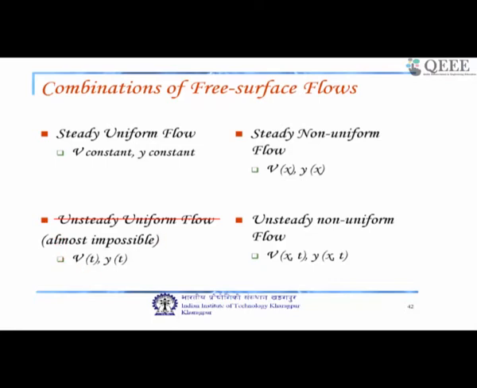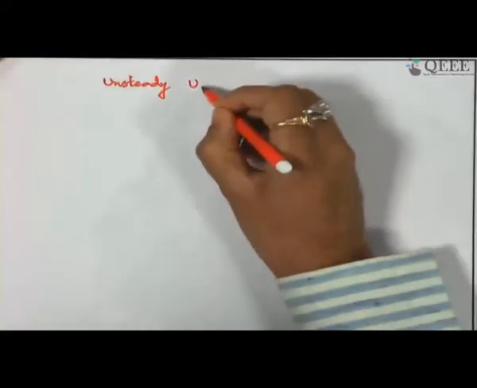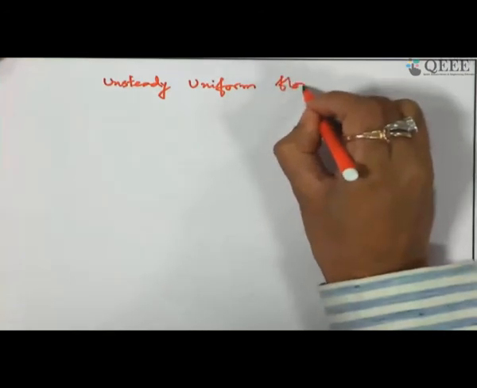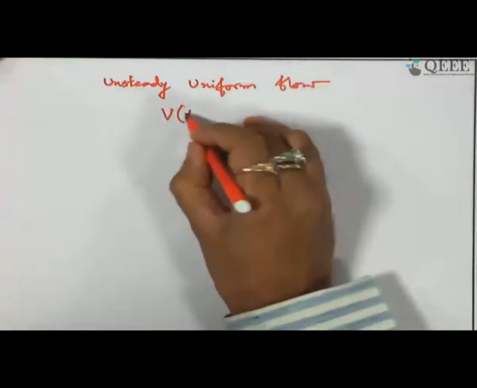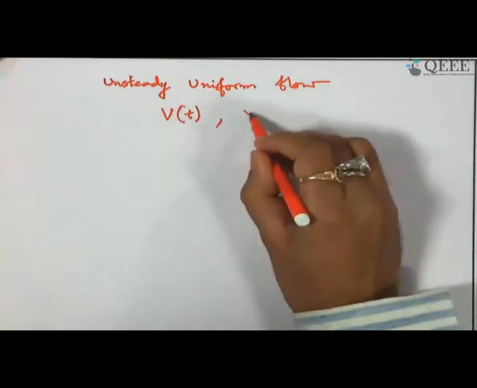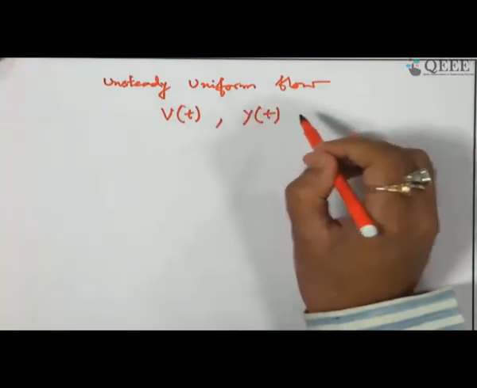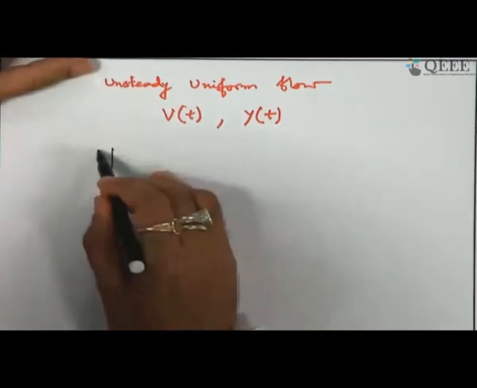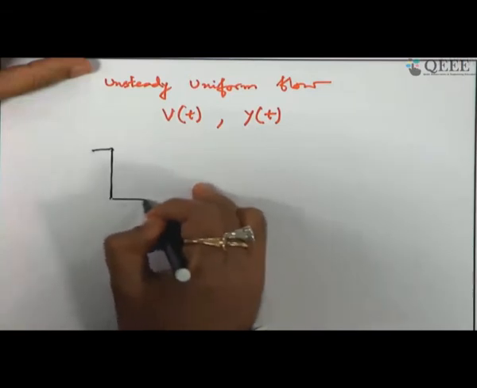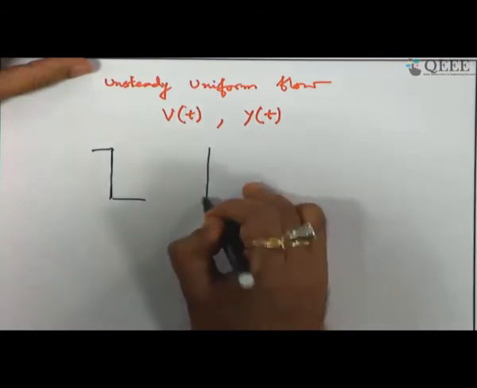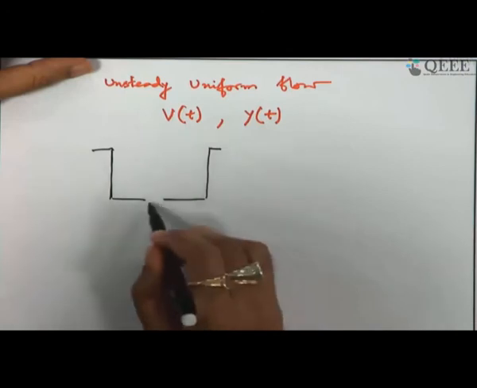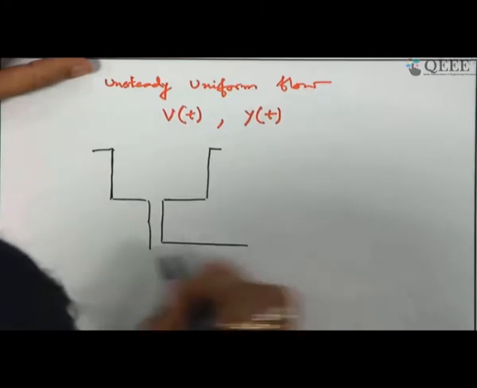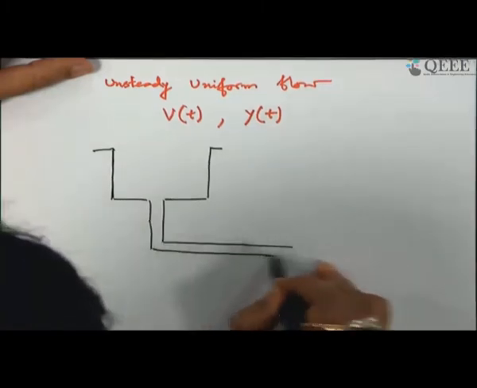Let us consider unsteady uniform flow. Unsteady uniform flow means that velocity is a function of time, depth is a function of time. Let us consider one simple reservoir or water storage tank, and a pipe is connected to that.